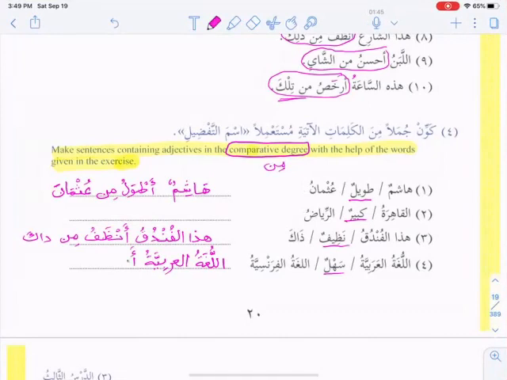Ashalu. Sahlun changes into Ashalu. Al-Lughatul Arabiyatu ashalu min al-Lughatil Fransiyati.